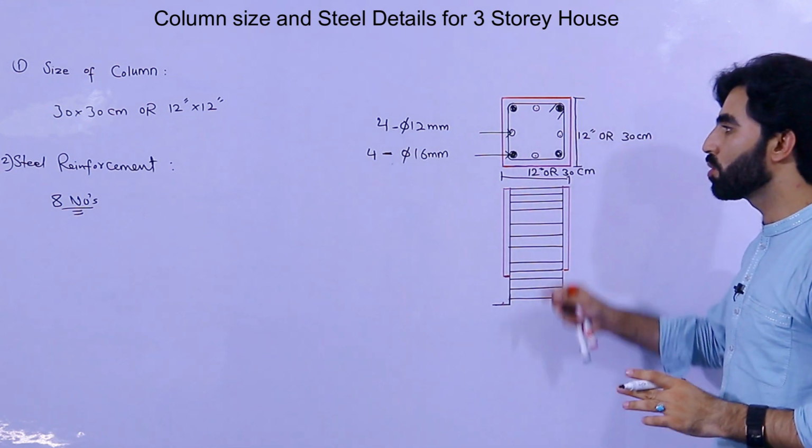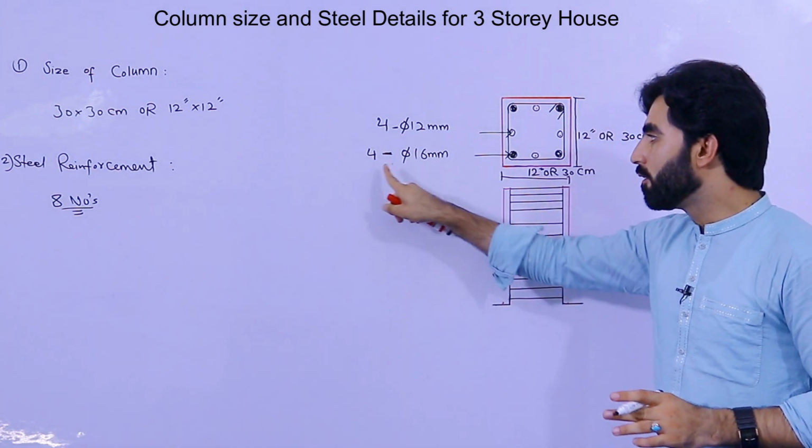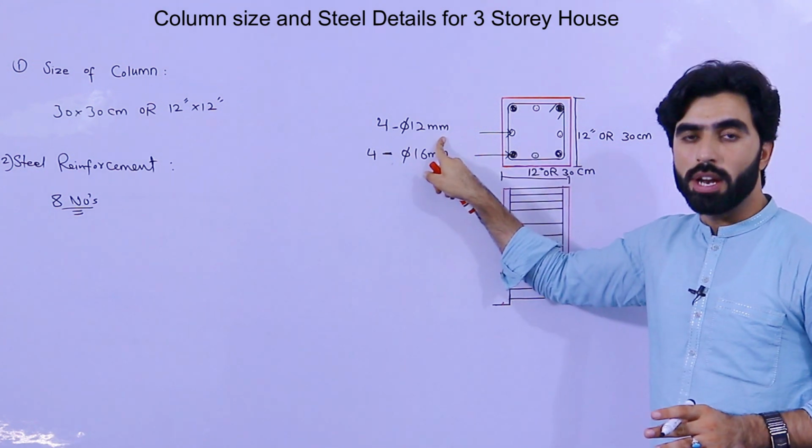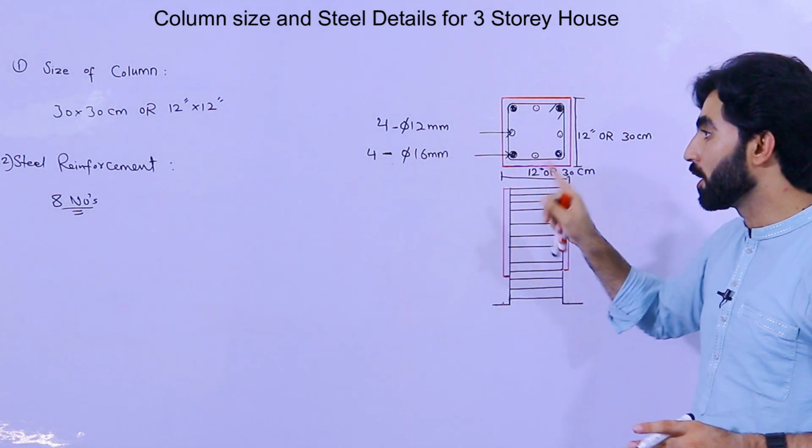So use 8 steel rods, 4 of dia 16 mm and 4 of dia 12 mm for a normal residential building of 3-story.